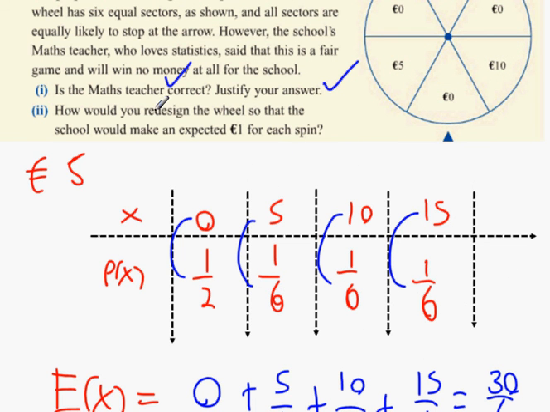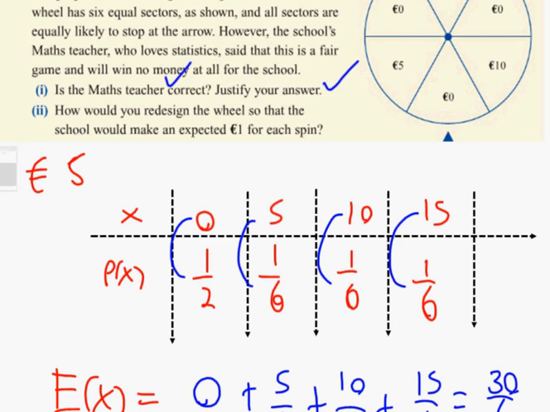How would you redesign the wheel so that the school will make an expected €1 for each spin? We have to now redesign our wheel so that the school would make an expected €1. We have to make sure that the average now turns out to be 6.